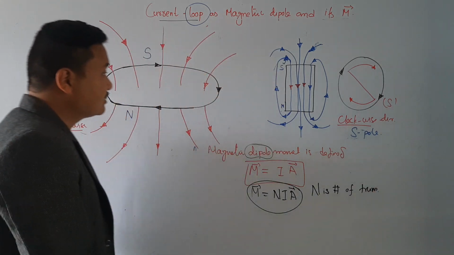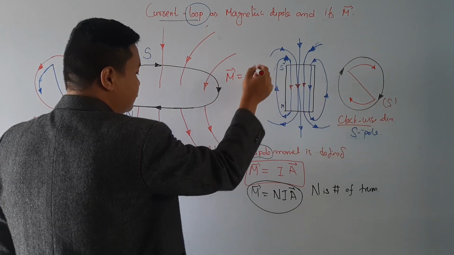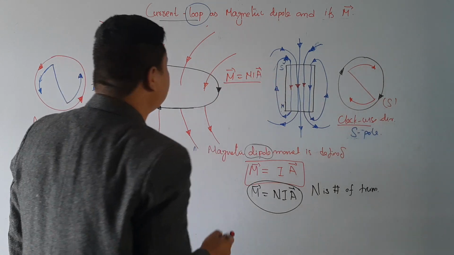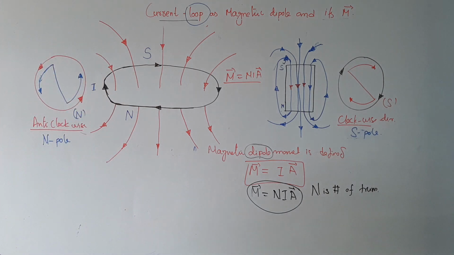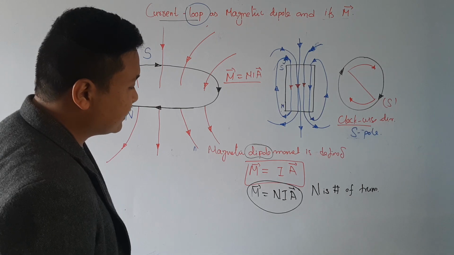So we got M vector is equal to N I A vector, and this A is my area vector. Okay, area I will tell you later in a few minutes.